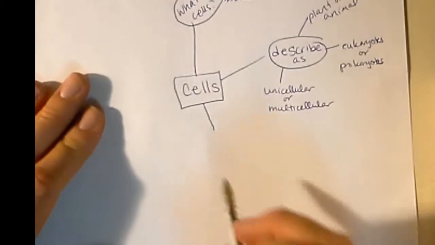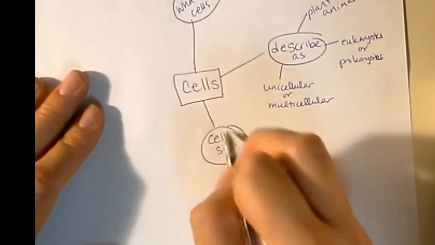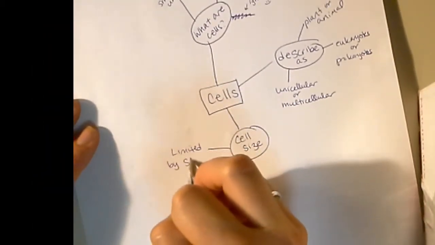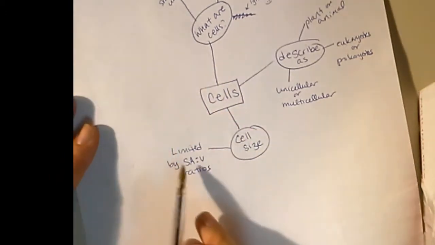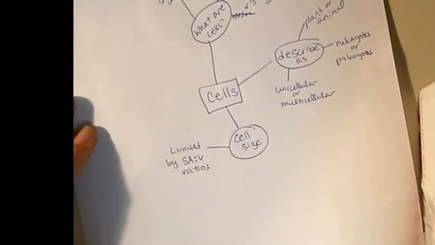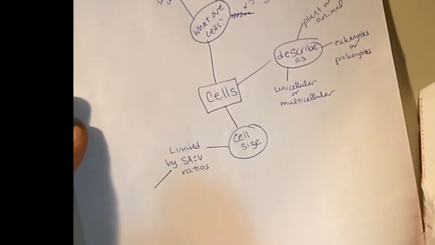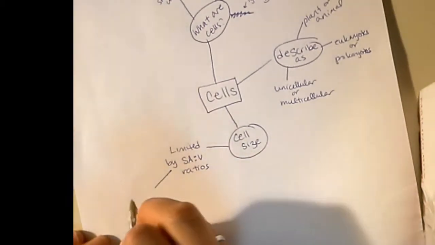We can look at cells in terms of cell size. And in terms of cell size, it's limited by surface area to volume ratios. This means surface area to volume. You could write it out for yourself if you're going to forget what that means. And I'm just going to describe for myself how surface area to volume ratios affect cells.